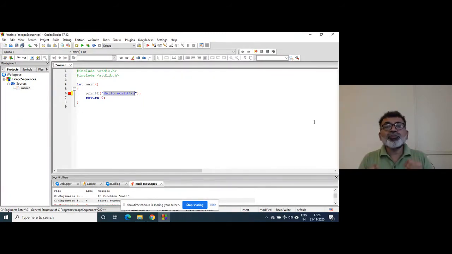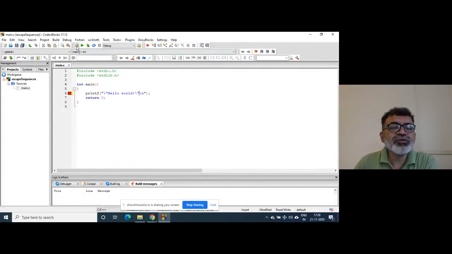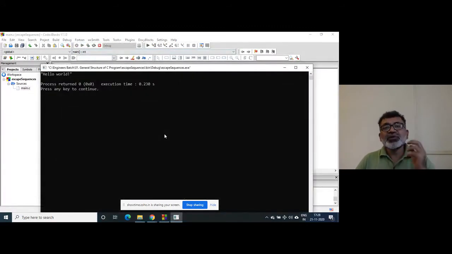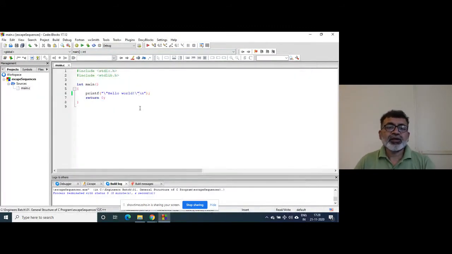Now, if I want to print that string inside a pair of double quotes, then I cannot put the double quotes which I actually showed you, right? So use the escape sequence. I want double quote, so put the slash and put the double quote. Here again, put the slash, put the double quote. That's it. Now let's try to run this code. So you will get hello world inside a pair of double quotes, right? How do you get that? Same philosophy.